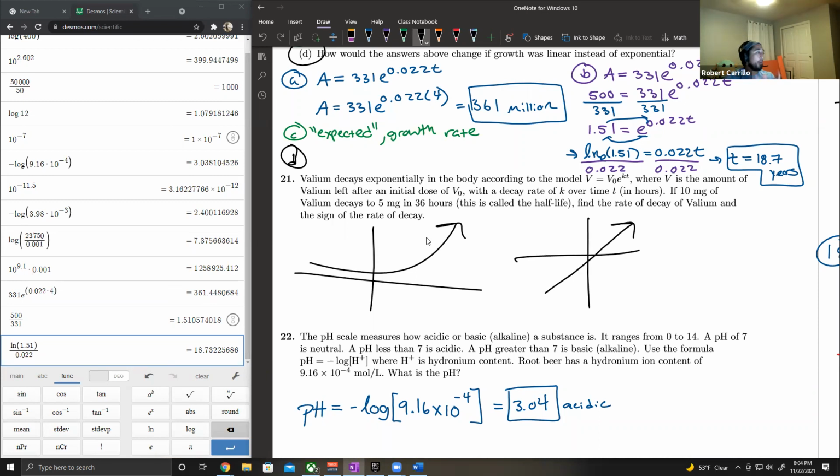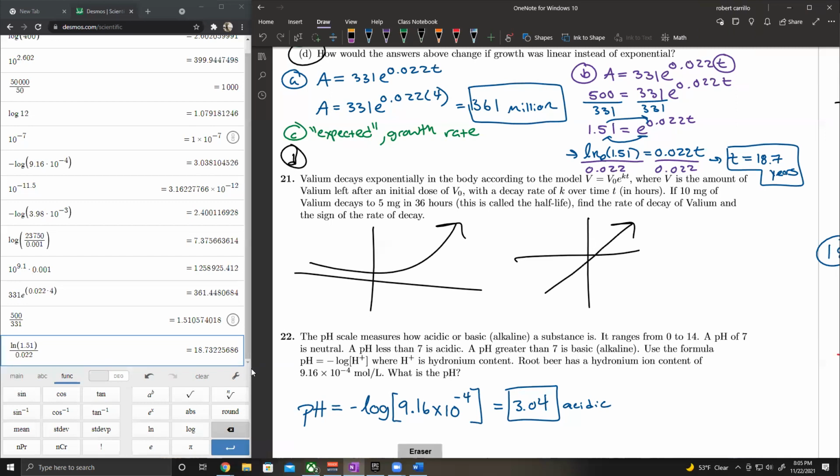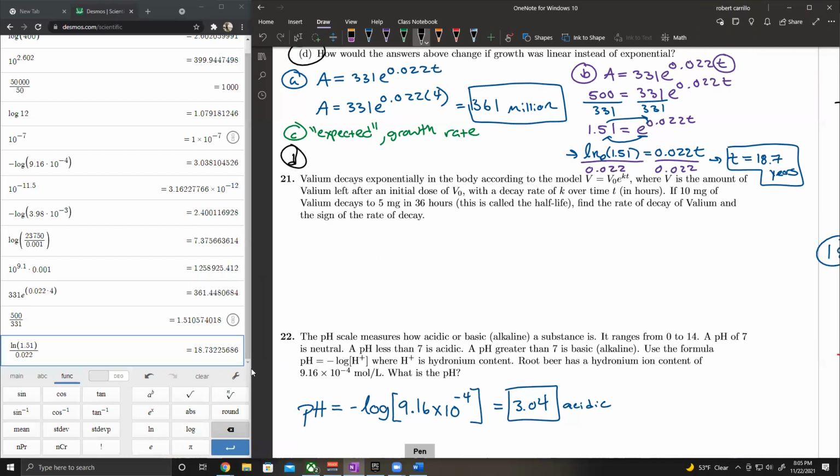So how would our predictions change if we went from exponential to linear? Would the growth rate be the same, or how would it be different? One would take longer than the other. That's it. Right, if it was linear, the growth rate would be a lot slower. So we'll just say linear rate is slower.